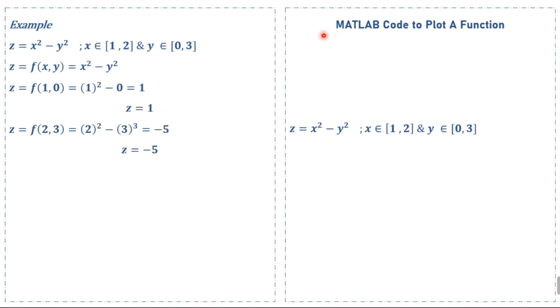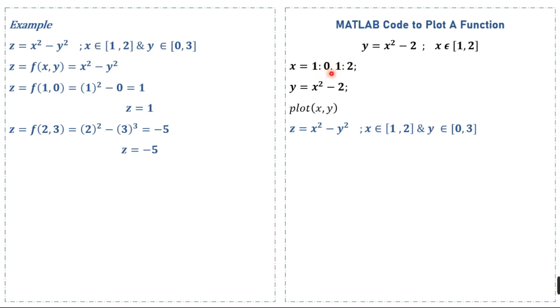So, MATLAB code to plot a function: how do we plot these functions in MATLAB? If we have a given function y is equal to x square minus 2 and the interval is this, first we create a vector from the end points of the interval, 1 and 2, with an increment of 0.2. It's up to you what increment to use.